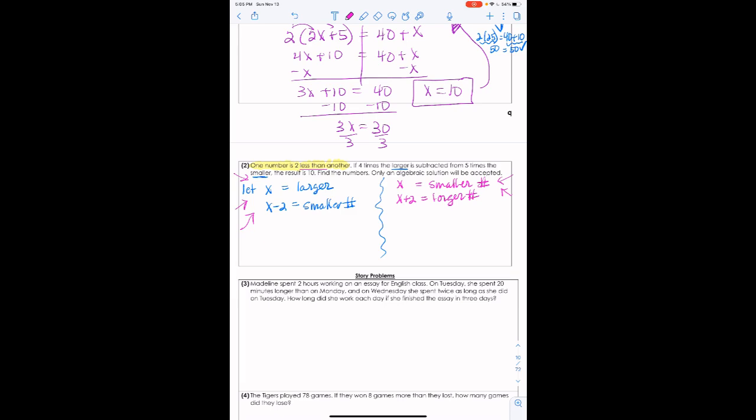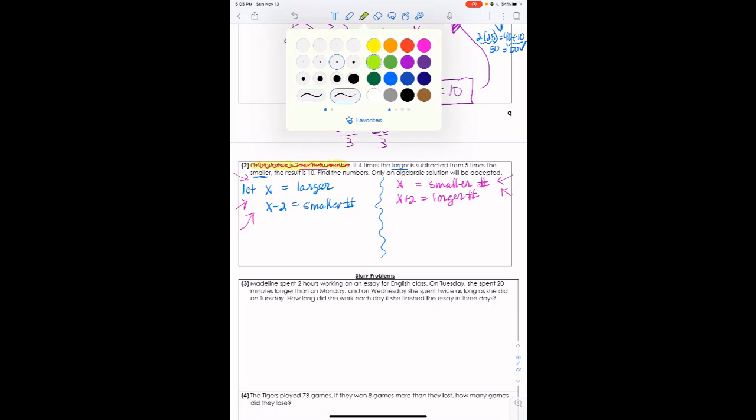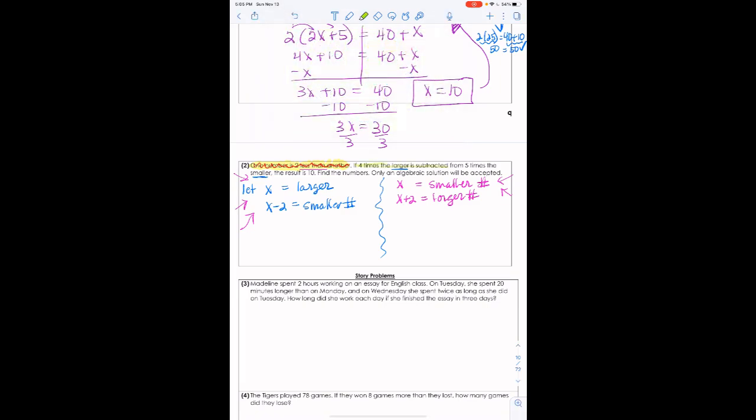All right, now remember, this sentence that I'm scribbling out helped me create my legend. That means this next sentence here is what is helping me set up my equation. So this is my equation sentence, and I'm using my legend to help me do it. So if I read it, it says 4 times the larger number is subtracted from.